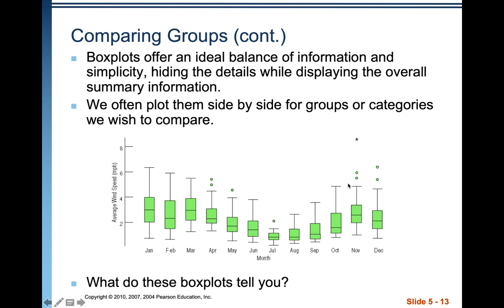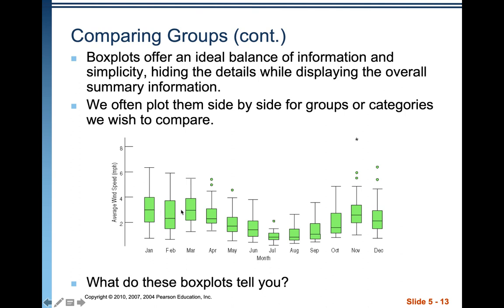We see that there are outliers in November, December as fall is turning into winter, and there are outliers here where spring is turning into summer. There's one down here in July. So this gives us a lot of interesting information. Certainly, the variability also decreases as we get warmer and then increases again as we get colder.